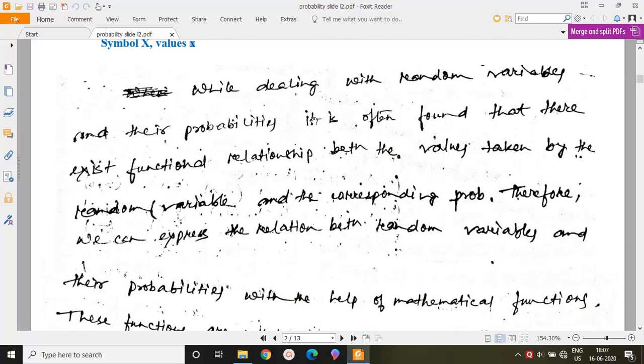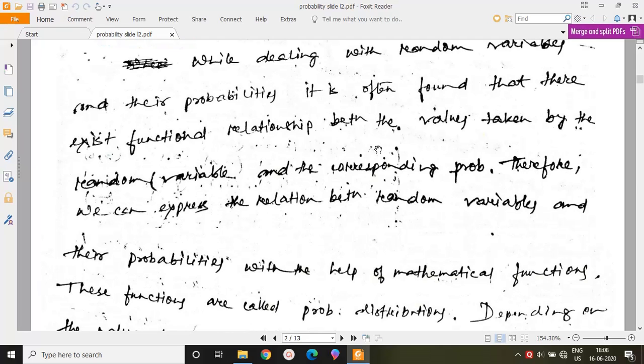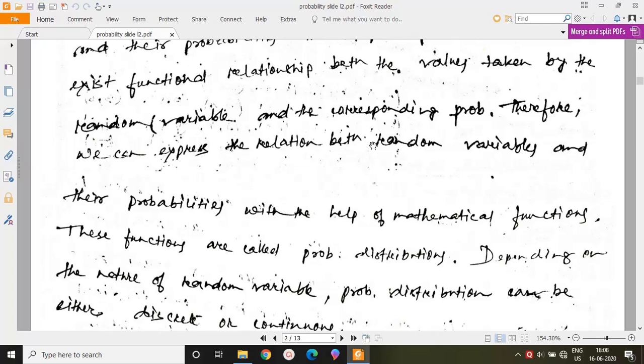Now let us concentrate on probability distributions. While dealing with random variables and their probabilities, it is often found that there exists a functional relationship between the values taken by the random variable and the corresponding probability. Therefore, we can express the relation between random variables and their probabilities with the help of mathematical functions.